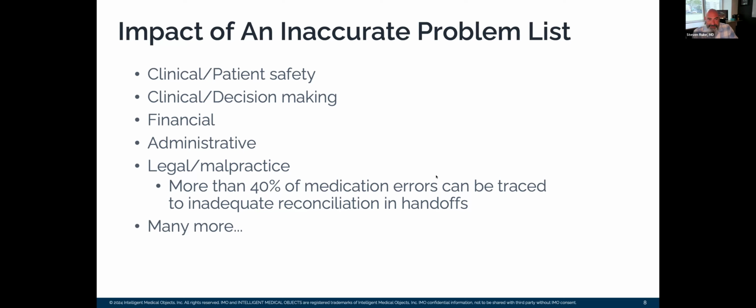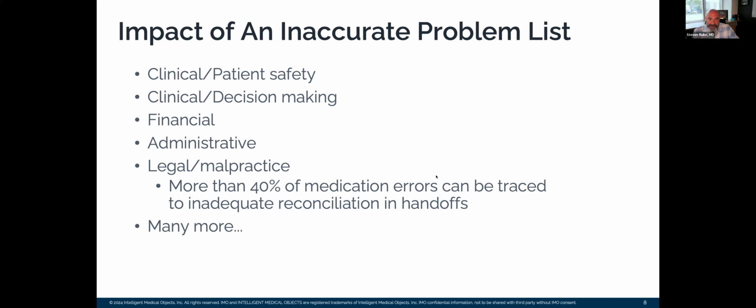Clinical decision making is another important point. If I'm going to do anything, treatments, as we all know, from everything from prescribing medicines to ordering tests to how we approach other illnesses, really are dependent on us understanding the medical conditions of any individual patient. Nowadays, there are obviously financial issues as well.